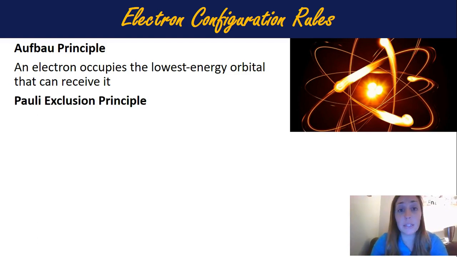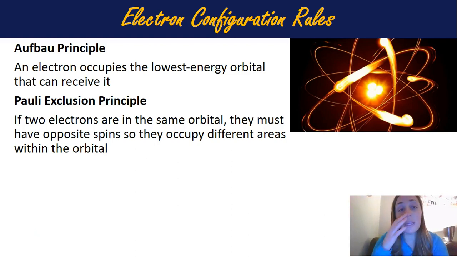The next one is Pauli's exclusion principle. What Pauli's exclusion principle says is if two electrons are in the same orbital, they must have opposite spins, so that they occupy different areas within the orbital. An analogy would be driving on a highway. You can either be going north or south. Let's forget about east-west, so that it's less confusing.